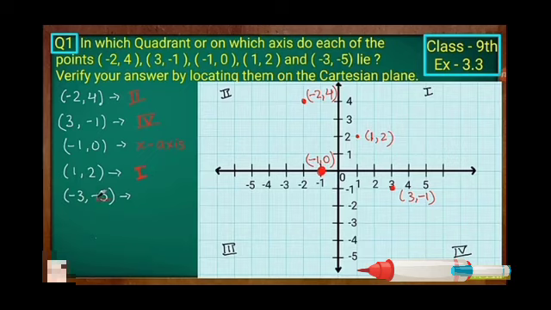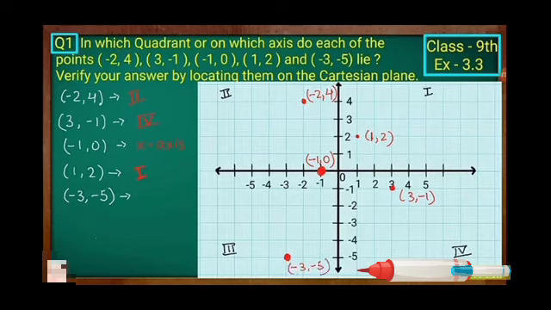Fifth is -3 and -5. Both are negative, so obviously they will lie in the third quadrant. X is -3, y is -5. Join them. Yes, this is the exact position. So the fifth pair lies in the third quadrant.